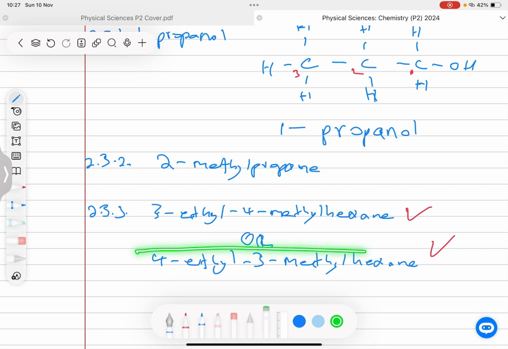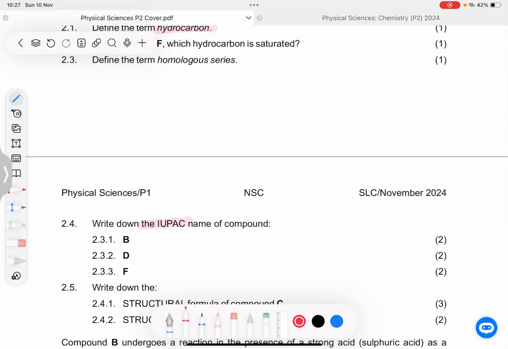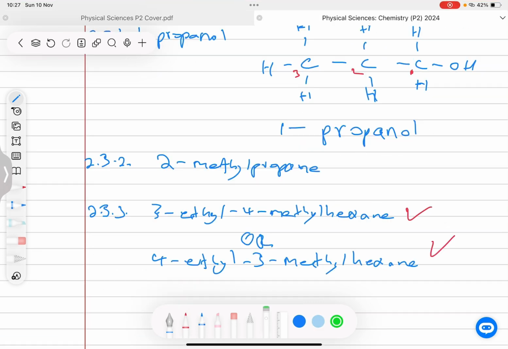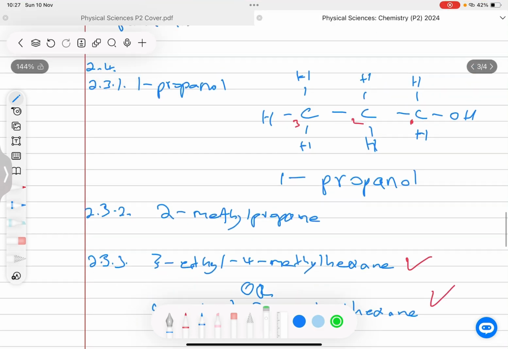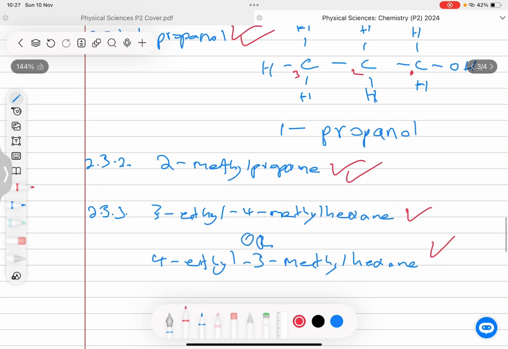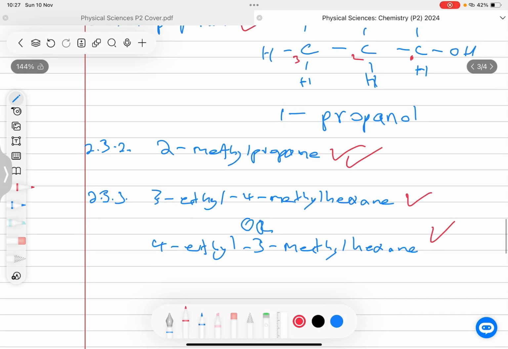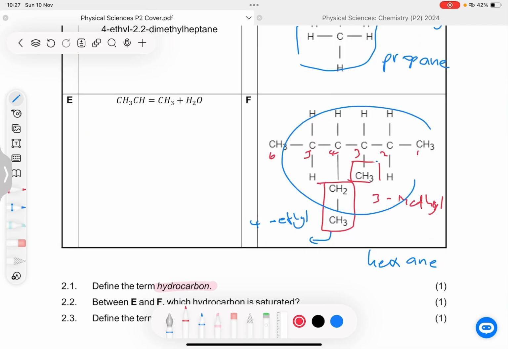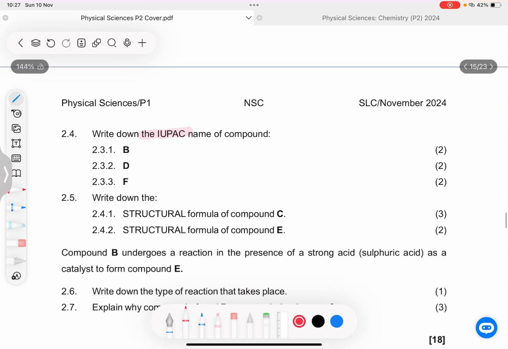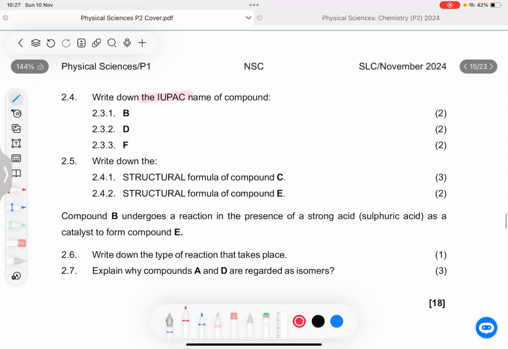Because if you take this and try to redraw it, and you take this and try to redraw it, you'll get the same structure. You'll get the same structural compound. So all this naming is worth 2 marks, meaning you should spend 2 minutes naming this and applying your rules. They give you 2 marks for each one of those. I hope this refreshes the rules and some of the techniques that you need to remember.